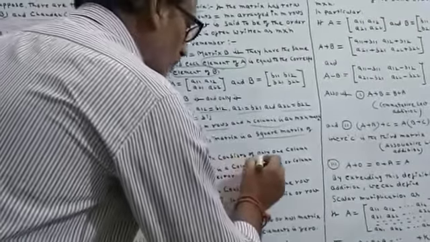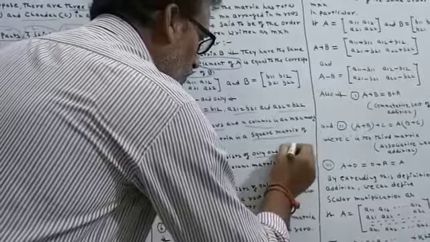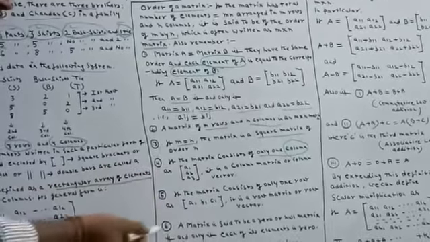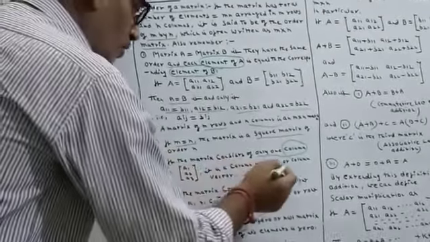And if the matrix consists of only one column, that is A1, A2, A3, it is called a column matrix or a column vector.